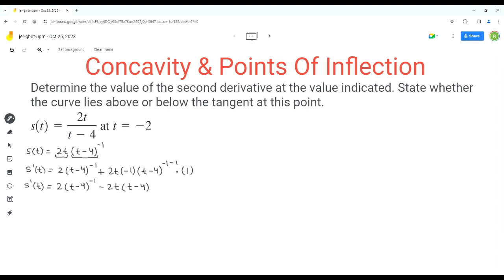And the exponent of t minus 4 is -2. Now we can find the derivative of this s prime of t to get the second derivative of s of t. So we write s double prime of t.